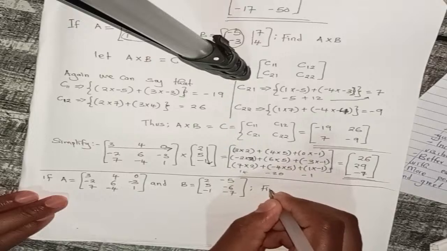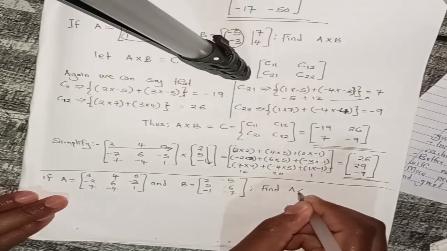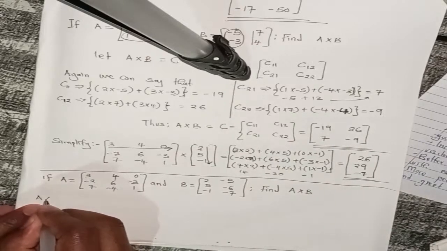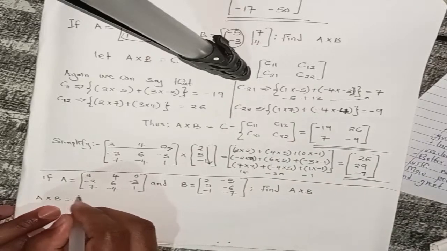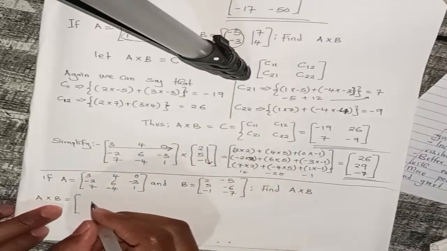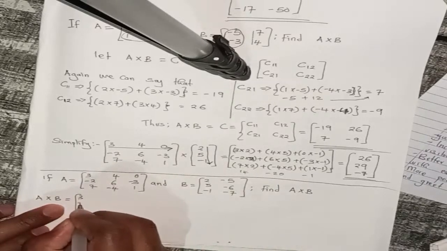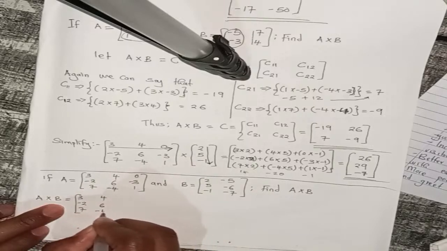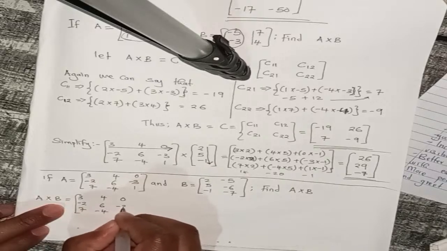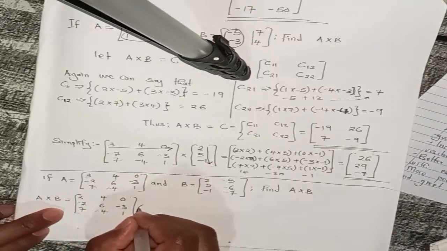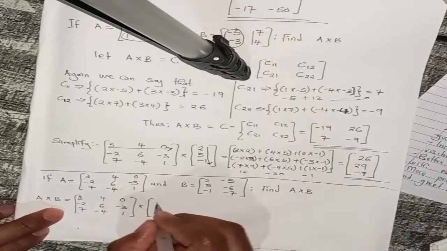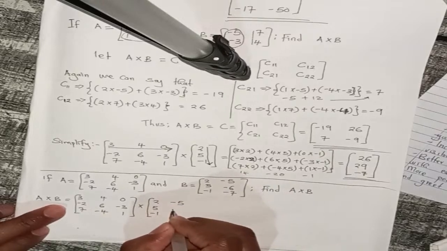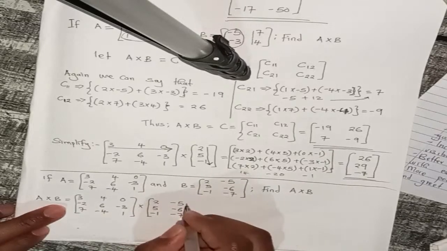Then we told you to find A multiplied by B. So therefore A multiplied by B is equivalent to the matrix A multiplied by the matrix B.